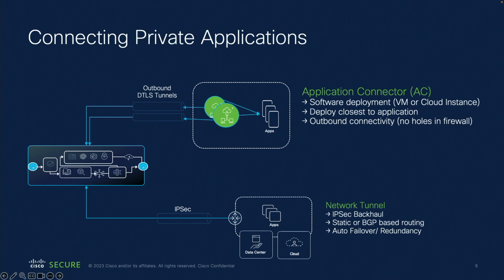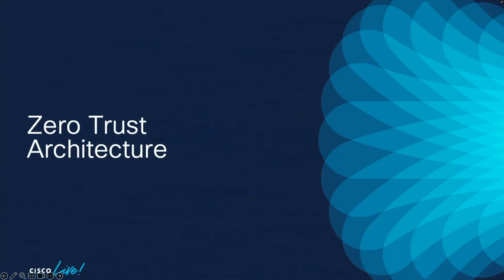What it does is spin up and automatically on its own establish a DTLS tunnel connection to our cloud. It then communicates with the cloud, discovers all of the applications that are behind it, and acts as a proxy resource for incoming traffic. I'll go into more detail on how that works in just a minute.